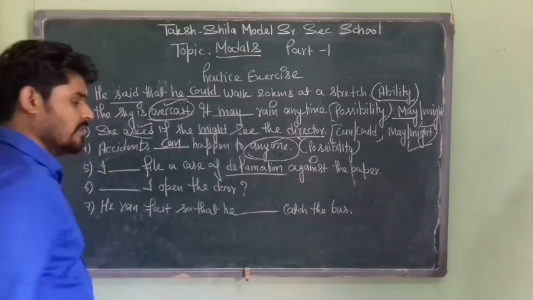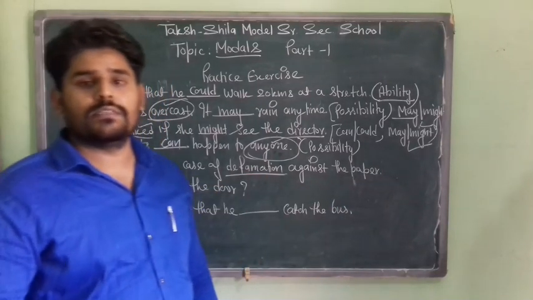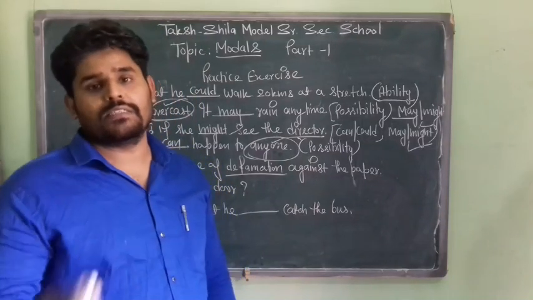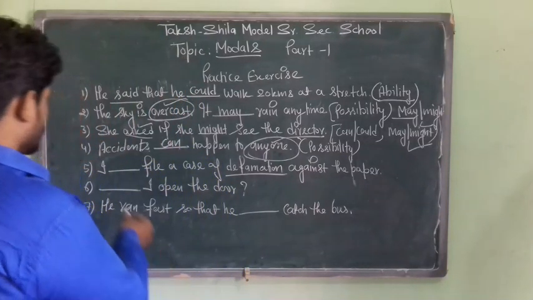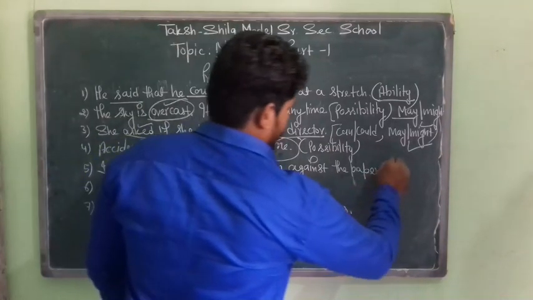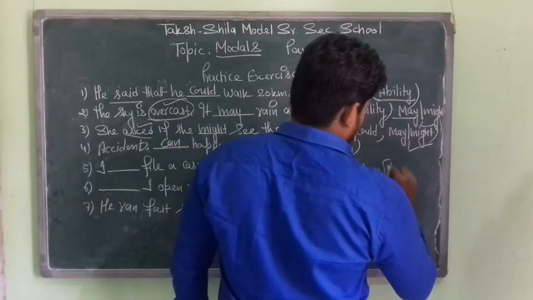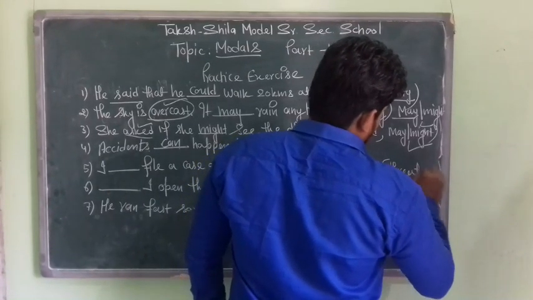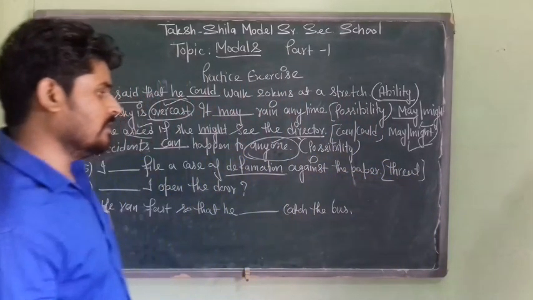So here the defamation means somebody's personality is being criticized. So students, here the person is just giving what? He is giving a threat. So this sentence shows what? Threat.